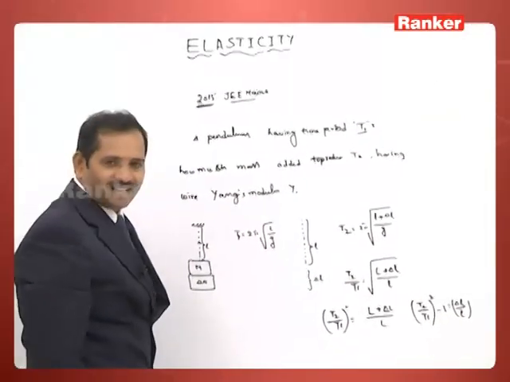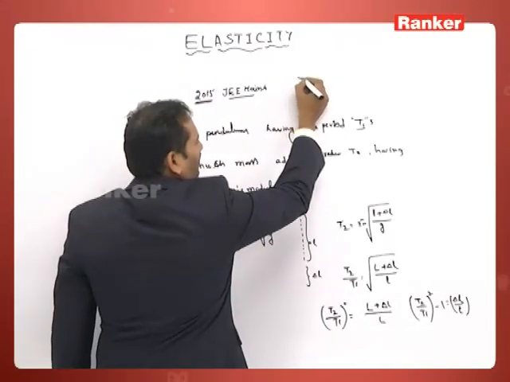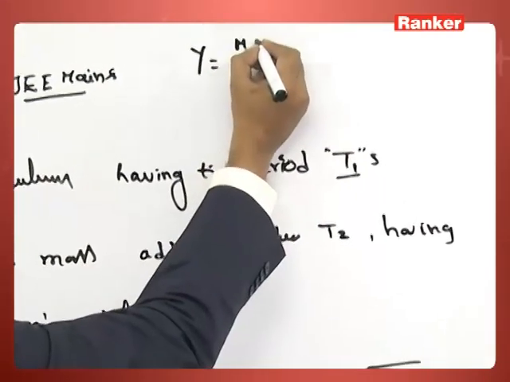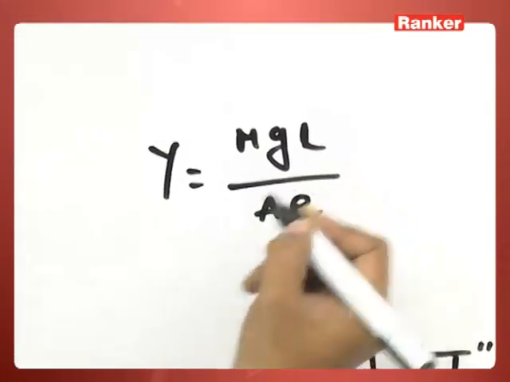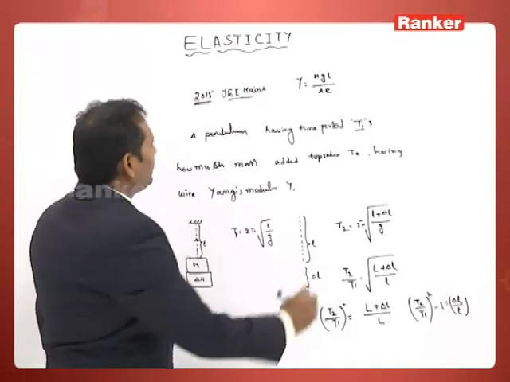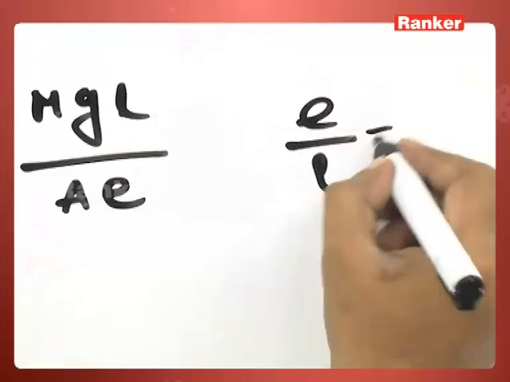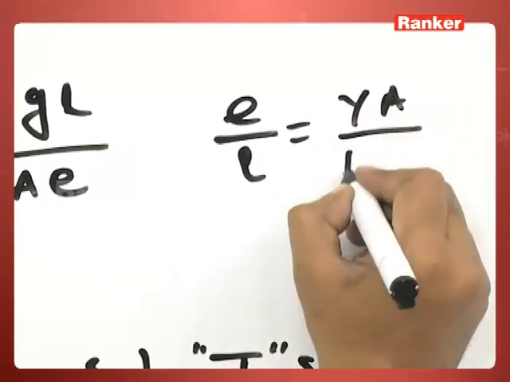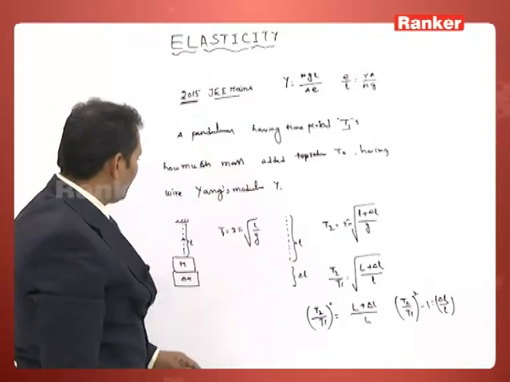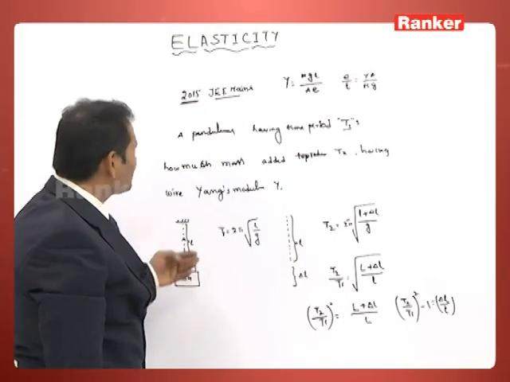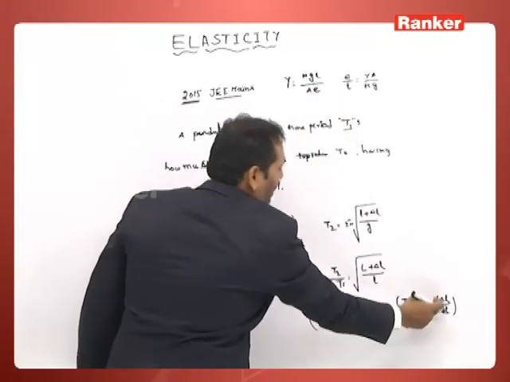Suppose they ask us like this, strain I required. You know very well, Y equals mgL by A delta L. Strain I required, delta L by L equals mg upon YA, that is, Y A upon mg inverted. Mg is whatever the added mass or final mass is. Then delta L by L is what? Strain.